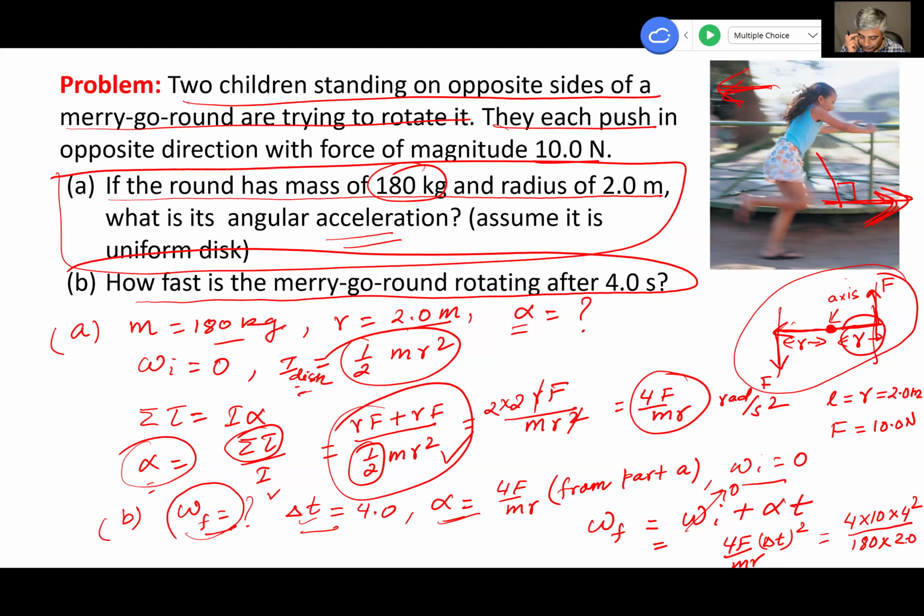Right? And looking at all these, it looks like a 2 sig fig problem, so you can round it to 2 sig fig.